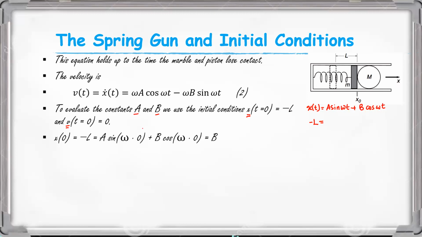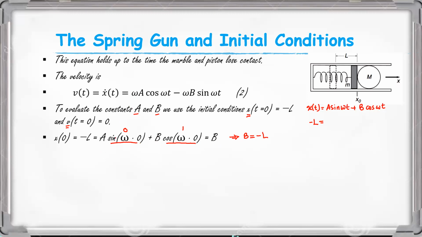Here we know that sine 0 is 0, and cos 0 is equal to 1. Then it is minus L equals B. So B is equal to minus L. The first quantity is obtained.